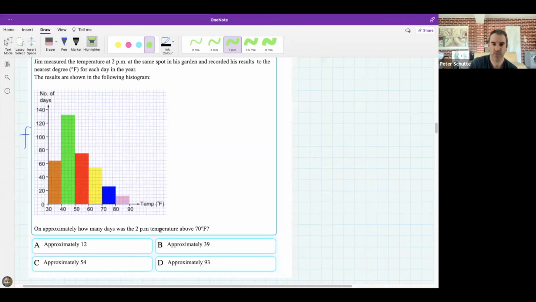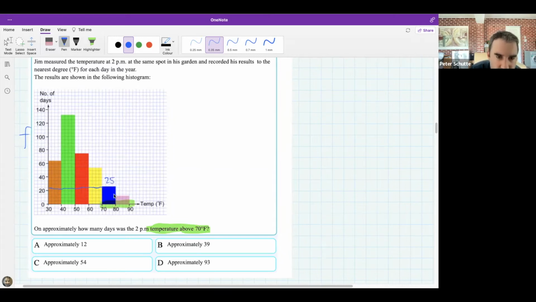Ask yourself, when was the temperature above 70? Which intervals would the temperature be above 70 degrees? I think these are the intervals that are above 70 degrees Fahrenheit. So then I ask myself, what is the frequency count in this column? And it looks to me to be about 25, give or take.